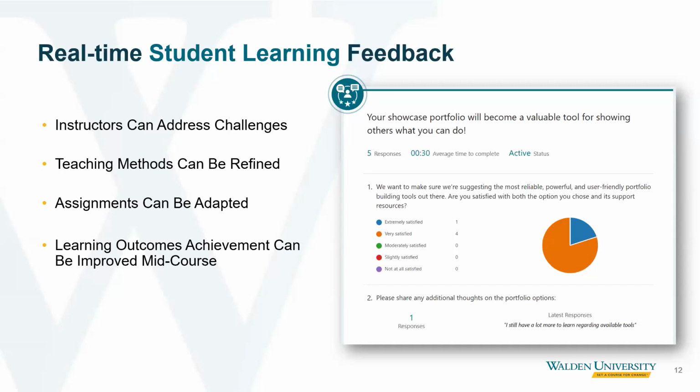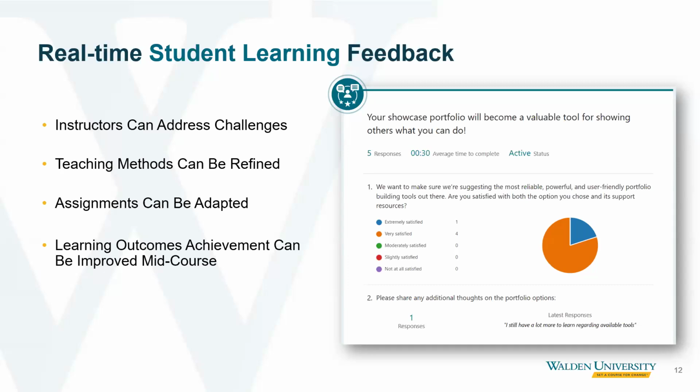Sometimes we don't get the feedback until later in the course, but sometimes during the course, if we're able to get the real-time feedback, clarifying confusing points to students could be done during the course by the instructor, or it could be clarified in the master the next time the course runs if there's not time to do that. And then the instructor can anticipate questions that they may get the next time the course runs just by having that feedback from the students.